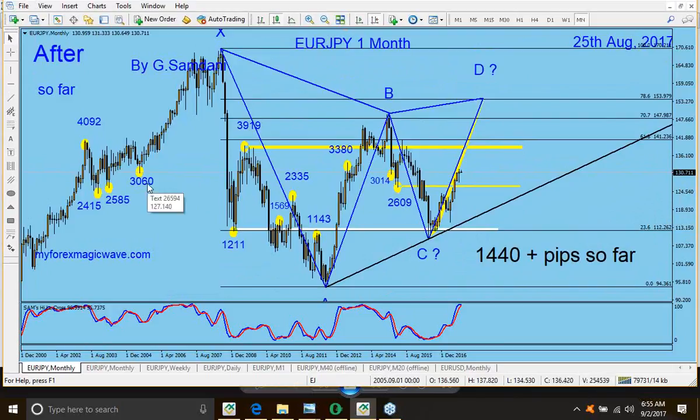See, this is where the 3060 is. That's the big number right here. And we are playing around with that number, and a little bit below this is 3014, right, and so on and so forth. Here's 2609, a big number. So price doesn't do anything but travel between these numbers.